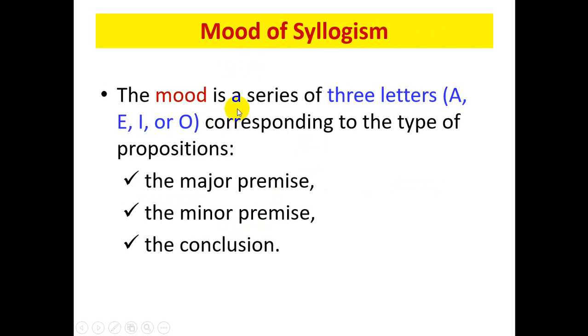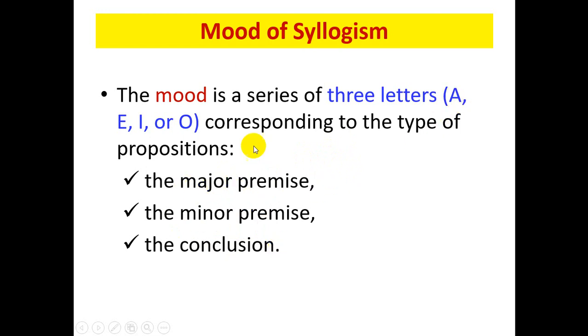The mode is a series of three letters, A, E, I, or O, corresponding to the type of proposition. Because we stated that the syllogism usually consists of three propositions, two premises and one conclusion. But what about the type of the major premise?